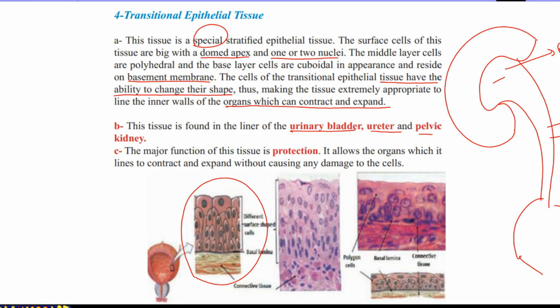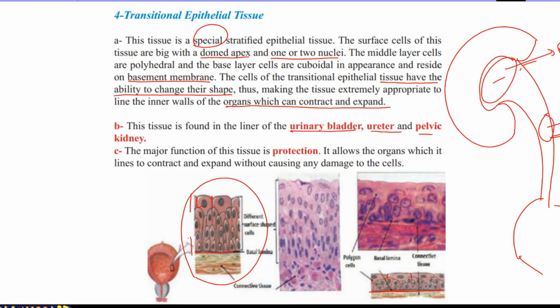But the same tissue, as material is filtered and accumulated in the pelvis, transported in the ureters, or collected in the bladder, these sides of the organs swell. As they swell, they become longer and thinner. So we compare: the same tissue changes into that shape. The cells expand; they were narrow, but now they become wider.